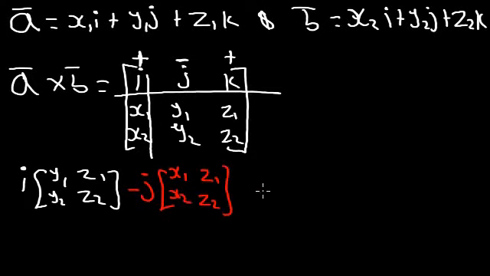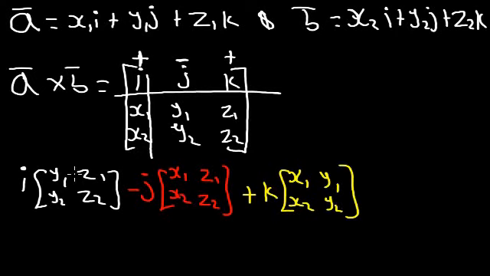Perfect. And lastly is that of positive k. So we should exclude everything below it while we include everything aside it. So that's going to be x sub 1, y sub 1, x sub 2, y sub 2. Then we are just going to find the determinant of this.